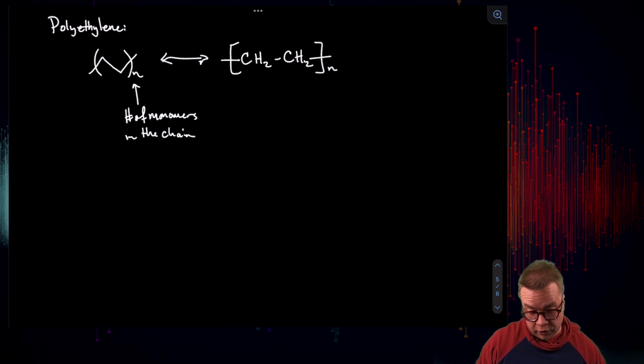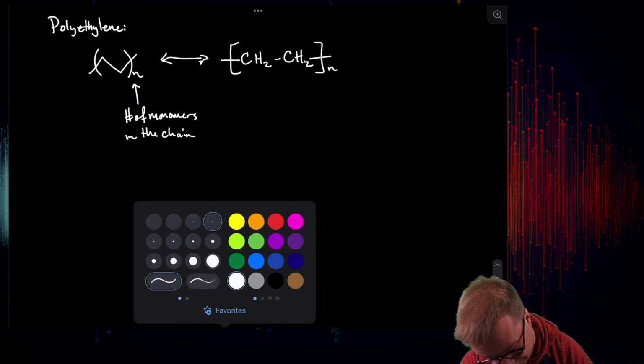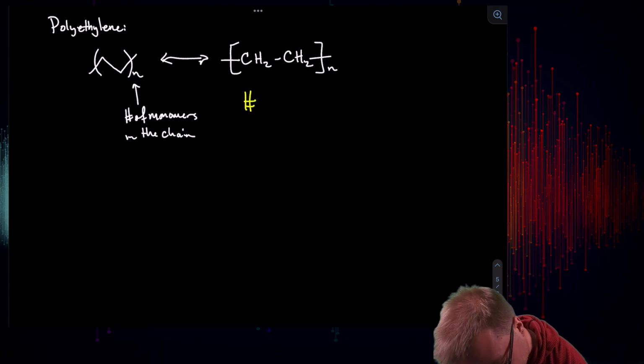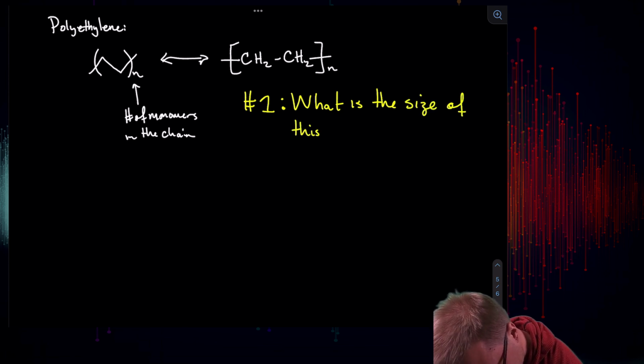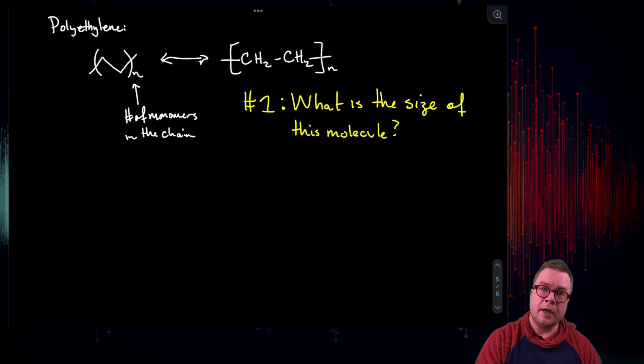Okay, so in terms of the structure of the molecule, the question that I'd like to ask and then answer for the rest of this video is our first question: what is the size of this molecule? How would we do that?